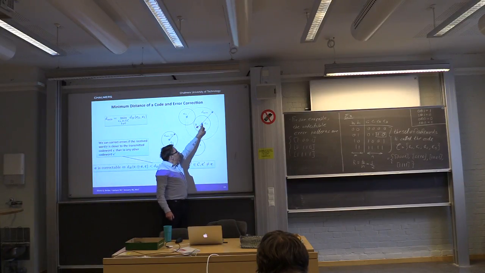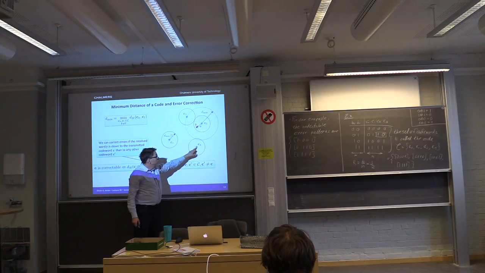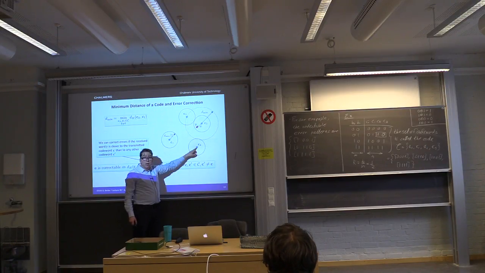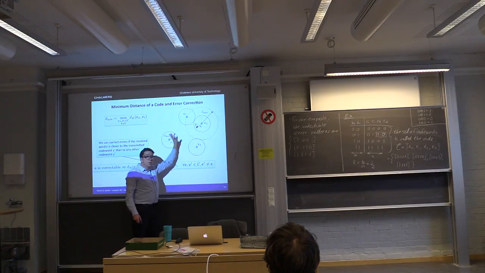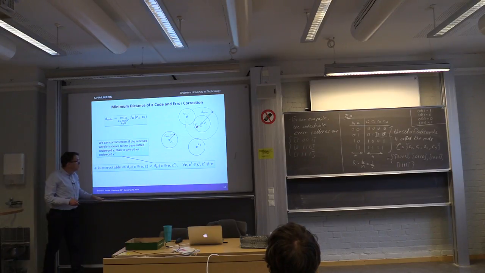If we transmit C2 and the error is such that we never go outside this sphere, then when we decode to the closest code word, we will decode to C2. Same thing. If we transmit C4 and the error pattern is such that it belongs to the decoding sphere here, it will be decoded to C4. And the same holds for all code words here.